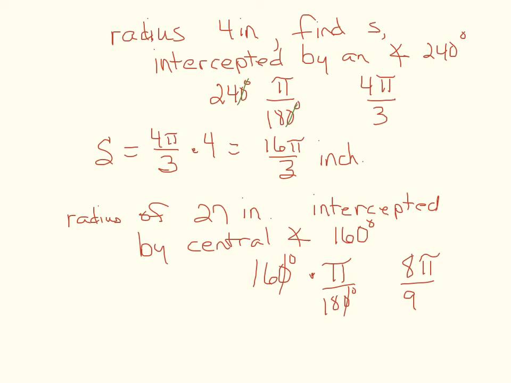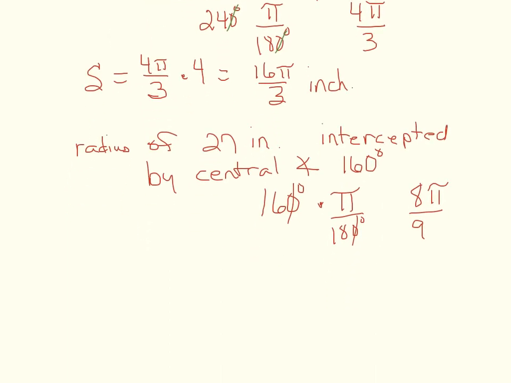So if I want to find the length of the arc, S equals 27, the radius, times the central angle, 8 pi over 9. Could you cancel 27 and 9? Yes, thank you. That would have been so much easier.